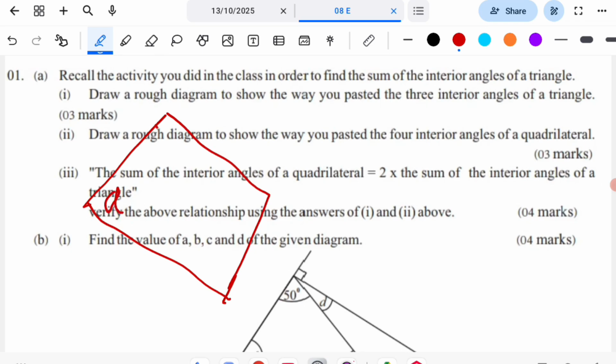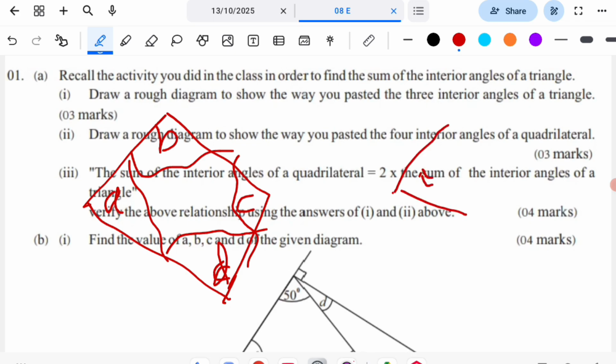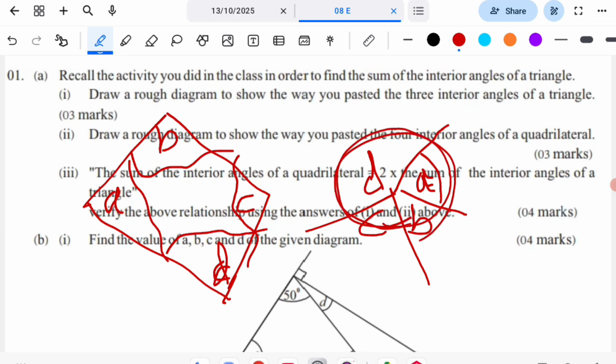I will consider angles A, B, C, D. Then we can cut these angles and paste them around a point like this: A, B, C and D. We know that angles around a point is 360 degrees, and we can prove that the sum of interior angles of a quadrilateral is 360 degrees.